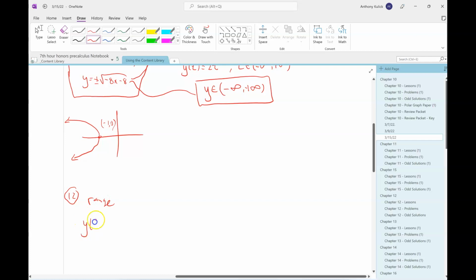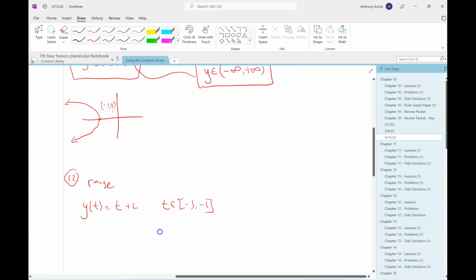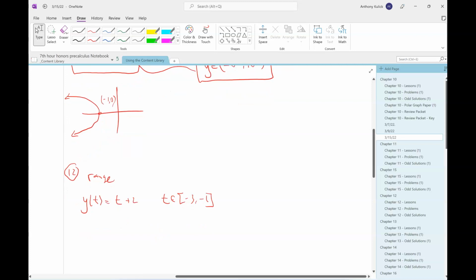So for the range, all I care about is the y of t function, which is t plus 2. And we're told the input for that y function, well, I should say the parametric equation for t, let's use the most precise vocabulary I can, so try and make it less confusing, is negative 3 to negative 1.